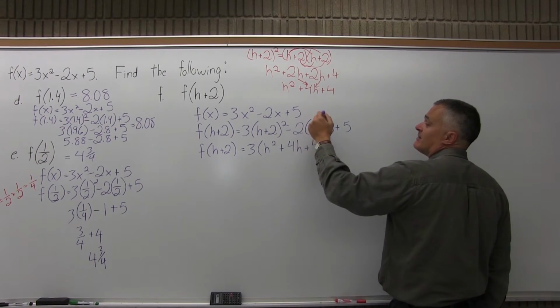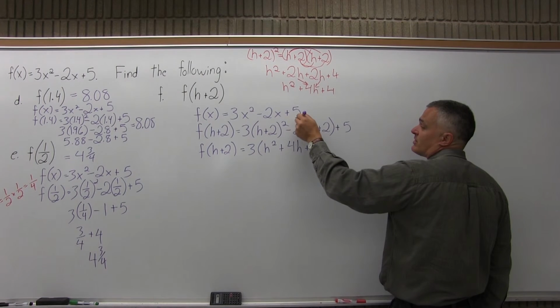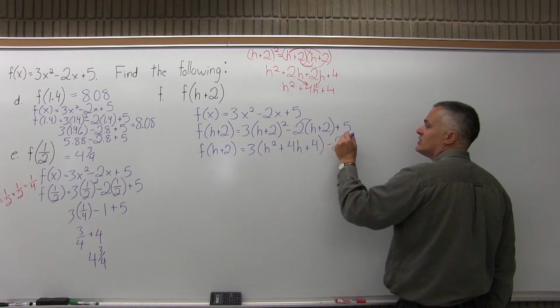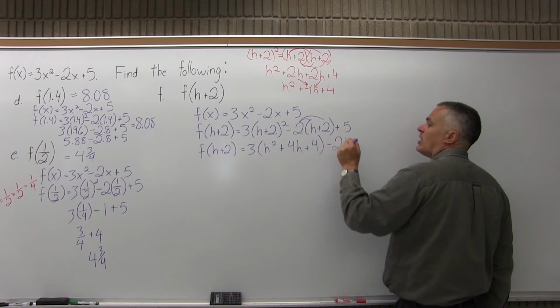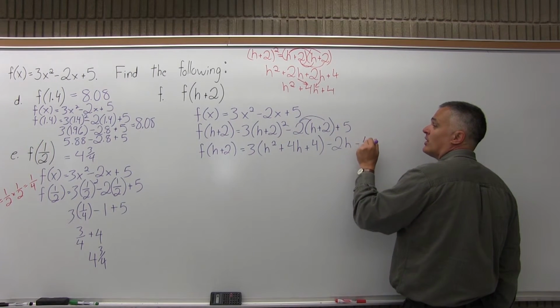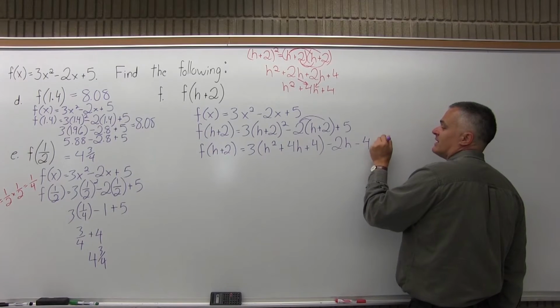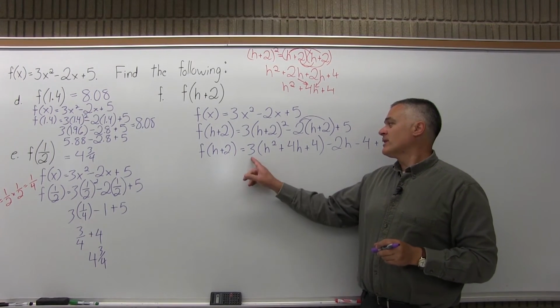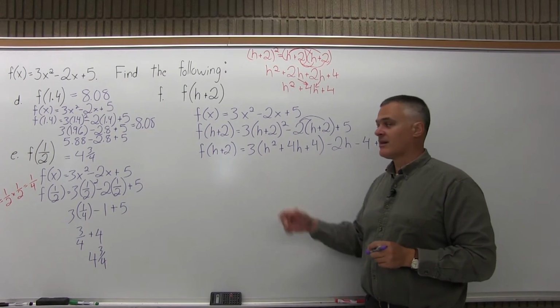And now the 2 times h plus 2, I can clear the parentheses. Keep an eye on the sign. Negative 2 times h is minus 2h. Negative 2 times positive 2 is minus 4. And then you have a plus 5 at the end. So we're still not done. I have a 3 in front of another big set of parentheses that I can clear.